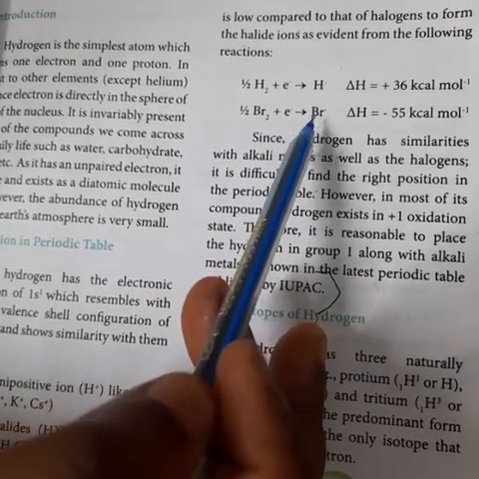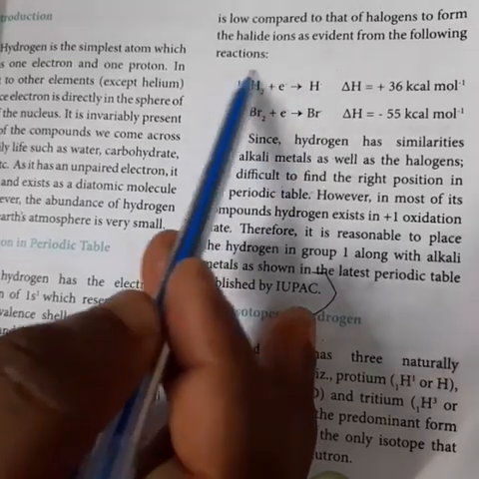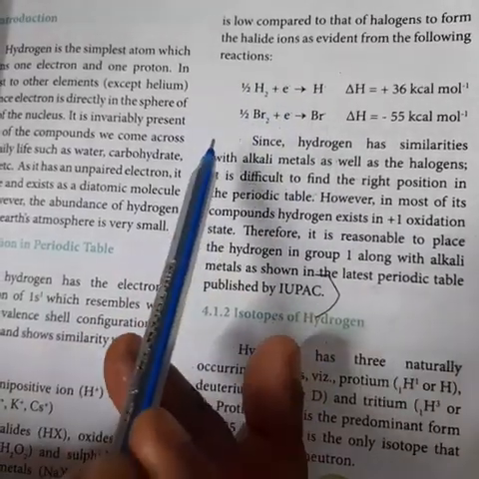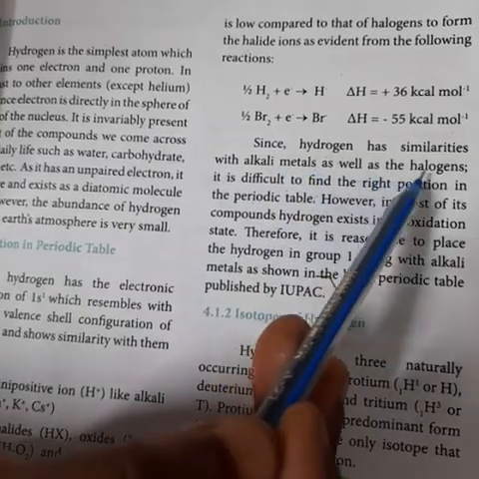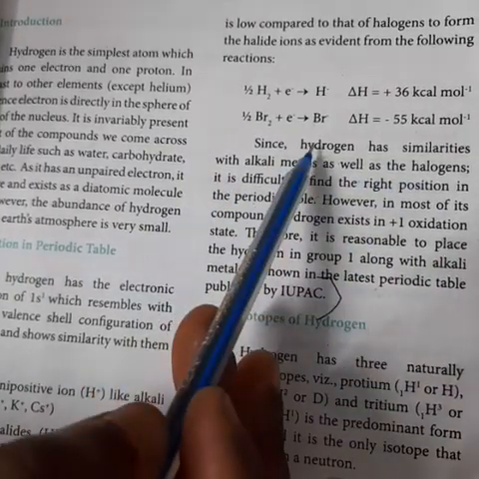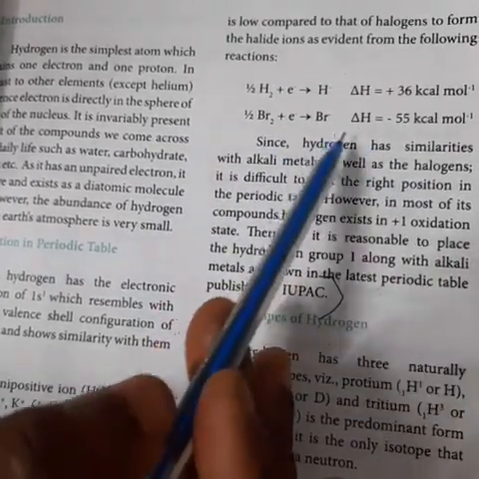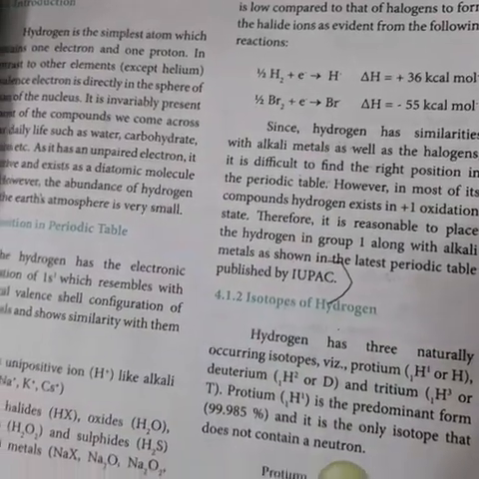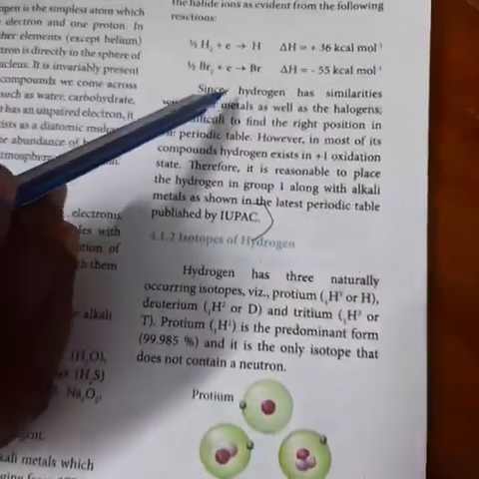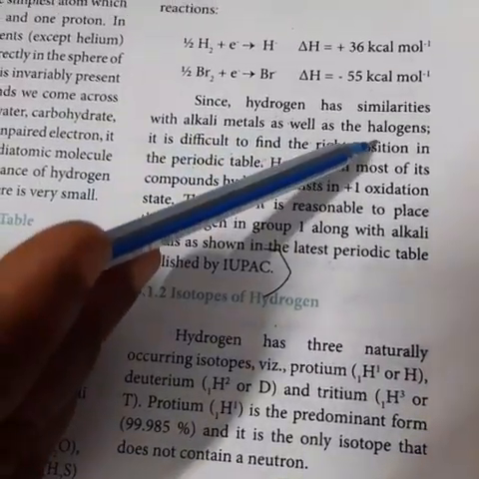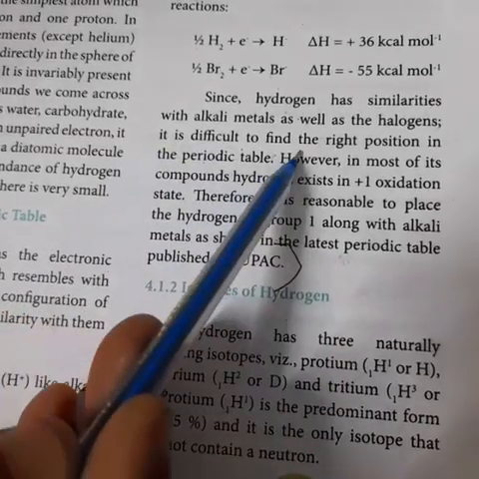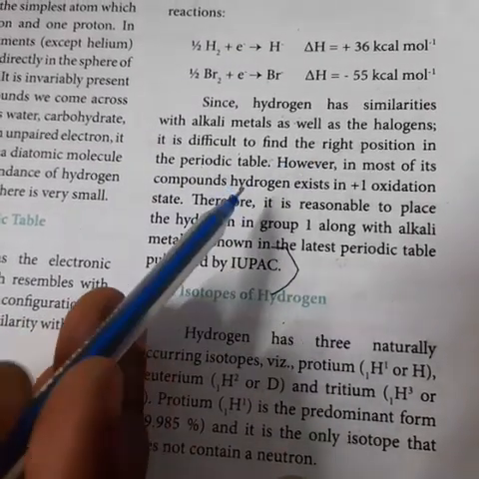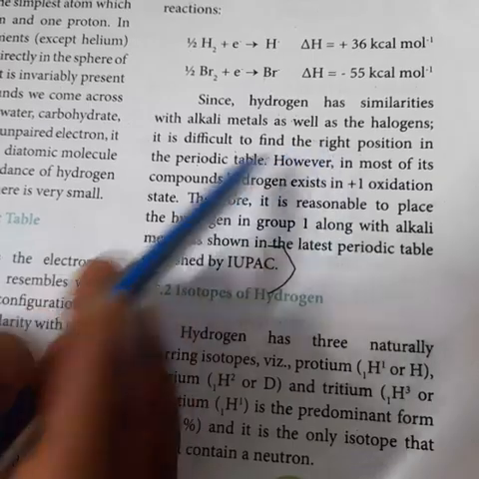But the hydrogen atom does not readily accept electrons, since hydrogen has similarities with alkali metals as well as halogens. We studied that. Some similarities exist with alkali metals and some with halogens, so it is difficult to find the right position in the periodic table.